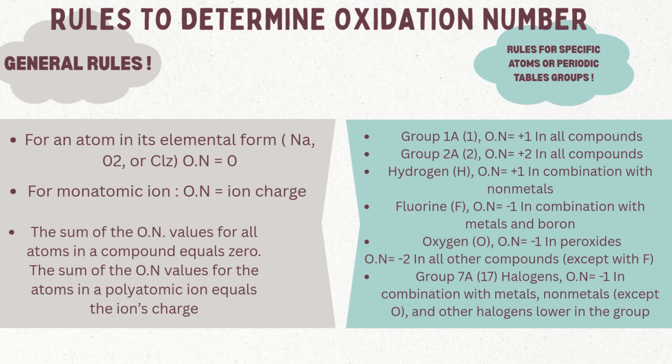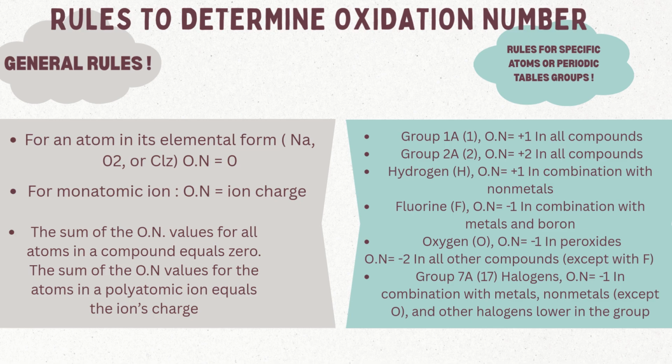Beyond these general principles, there are specific rules for periodic table groups and key elements. Group 1A elements always have an oxidation number of +1 in all compounds, and Group 2A elements always have an oxidation number of +2 in all compounds. The element hydrogen typically has an oxidation number of +1 when combined with nonmetals, but it assumes an oxidation number of -1 when combined with metals and boron.